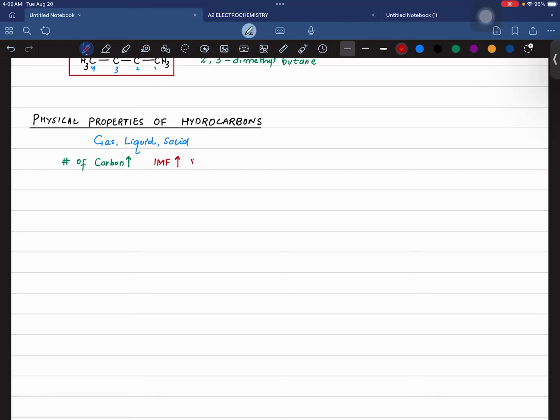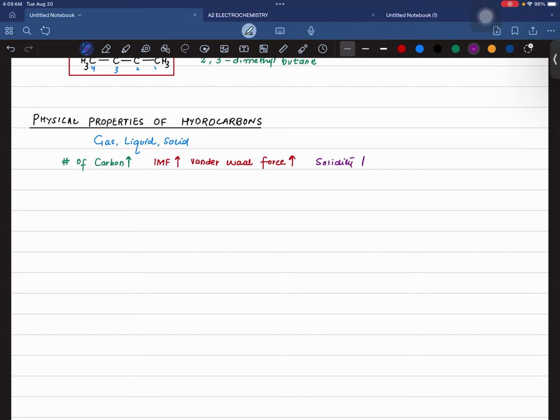I mean to say the van der Waals force increases. So due to the increase in intermolecular force of attraction, solidity increases.